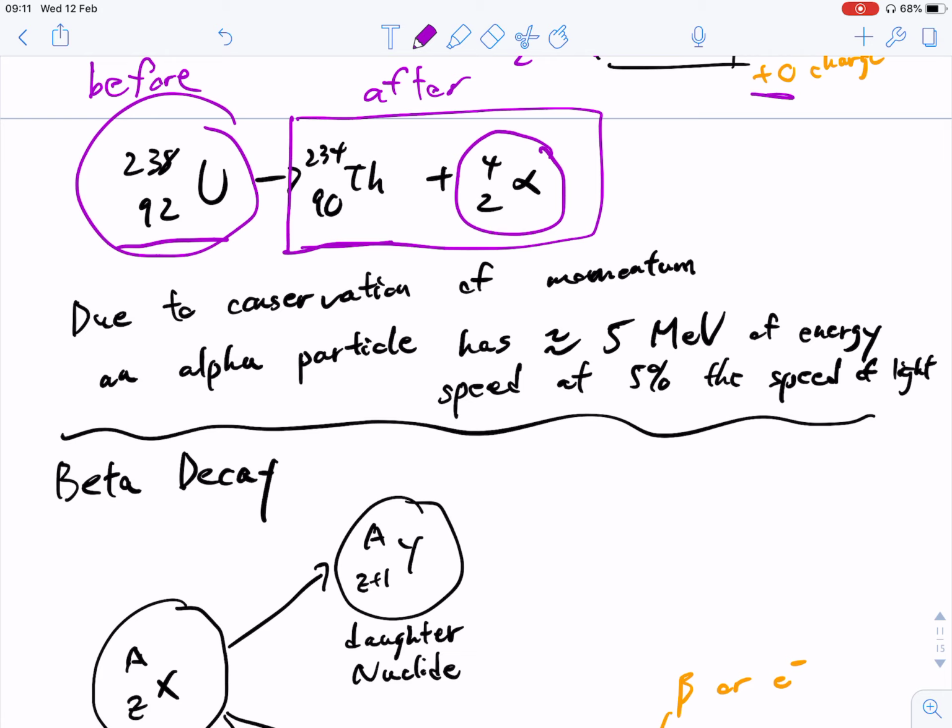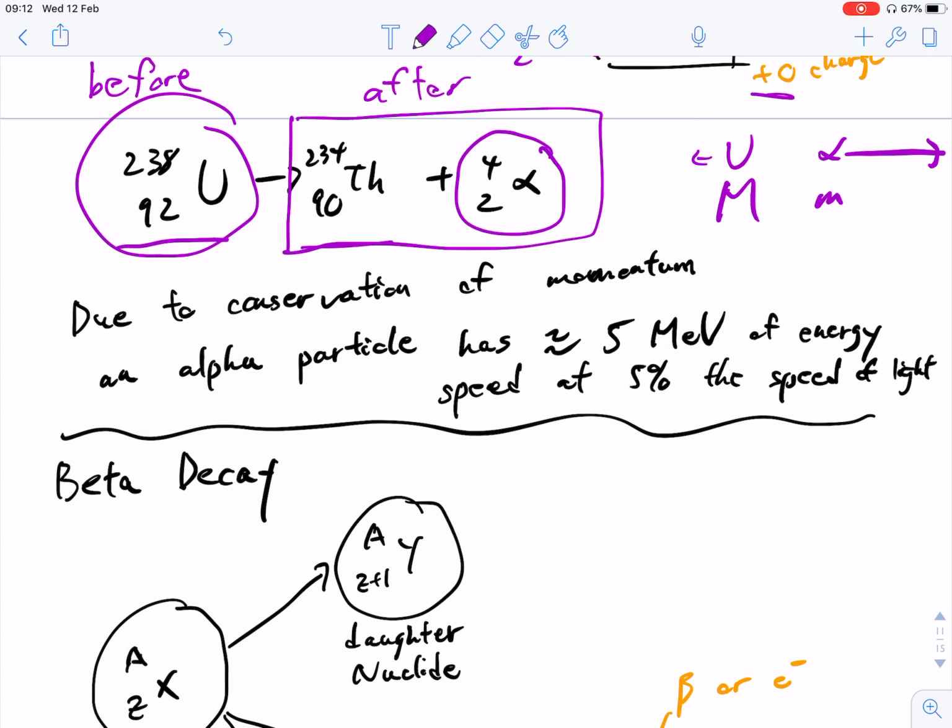Okay, and a few other interesting pieces of connection for you guys is due to the conservation of momentum. So you can imagine a uranium particle is much, much heavier than an alpha particle, or the nucleus of a helium element. And so the uranium is moving very slowly this way, whereas the alpha particle is moving extremely fast in the other direction, because there's just so much more mass here compared to a tiny little bit of mass there.